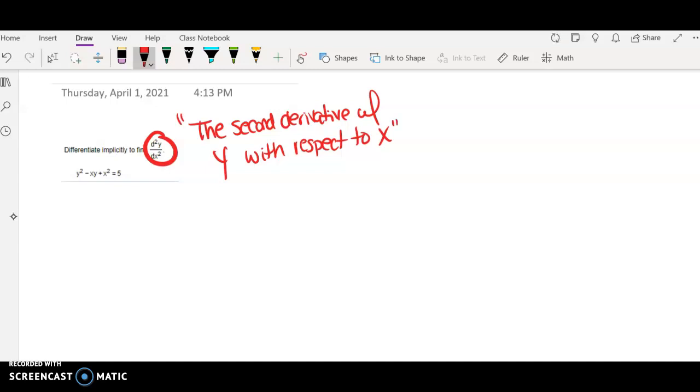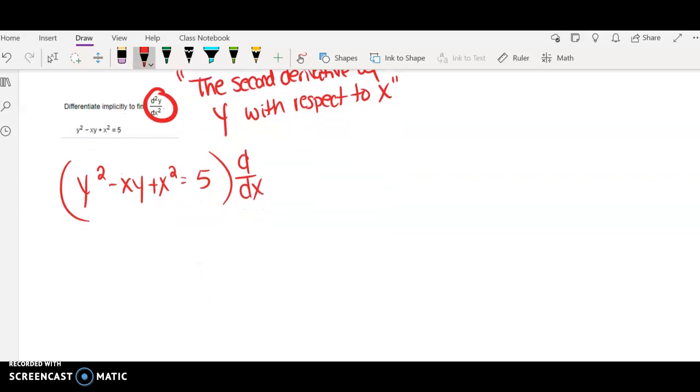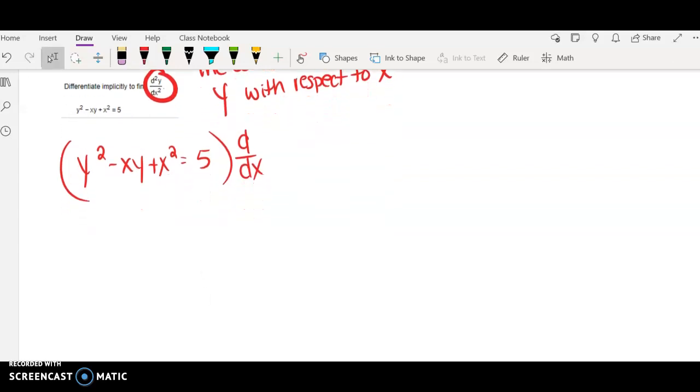So what we're going to do is first take the derivative of this original equation, and we're going to find the derivative with respect to x. I'm going to just put it on the outside. So here's the difference when we do implicit differentiation.